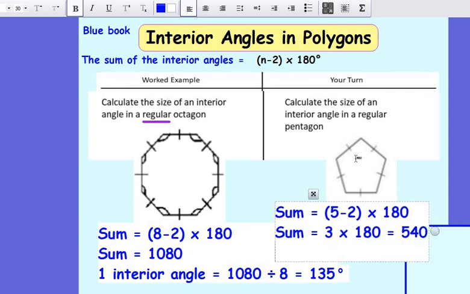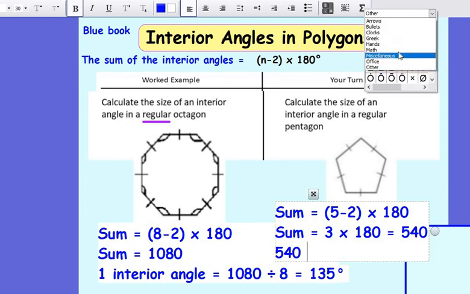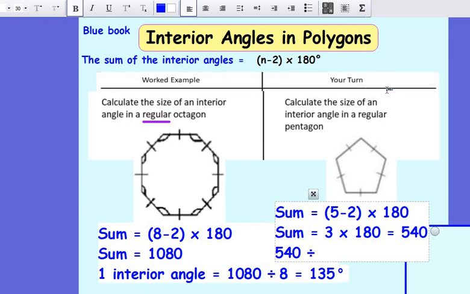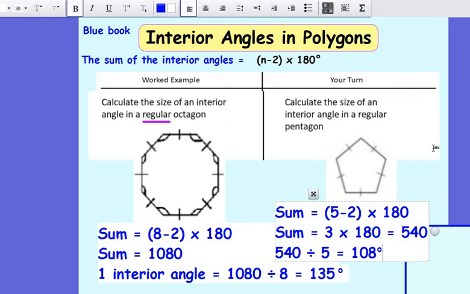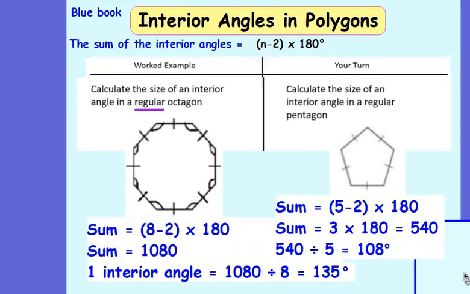But this time I've got 1, 2, 3, 4, 5 of them. So I need to do 540 divided by 5 to work out individual angles, which leaves me with 108 degrees. So each of those individual angles is 108 degrees.